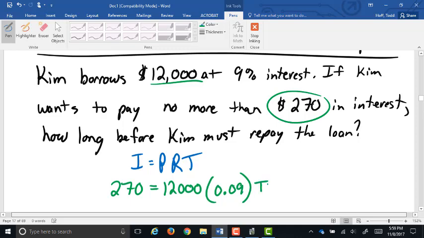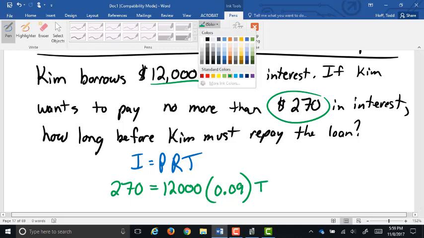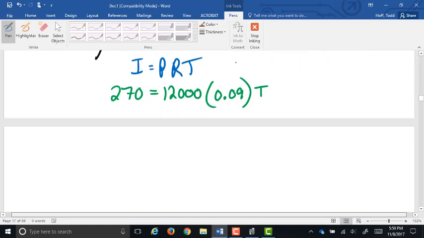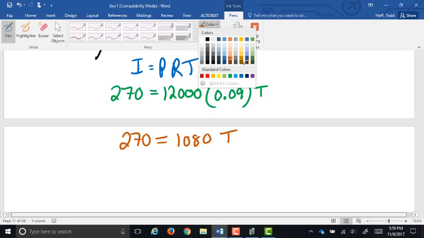So apparently we're finding T. So we have to do some combining here. 12,000 times 0.09 is what, 1,080? So 270 equals 1,080 T.